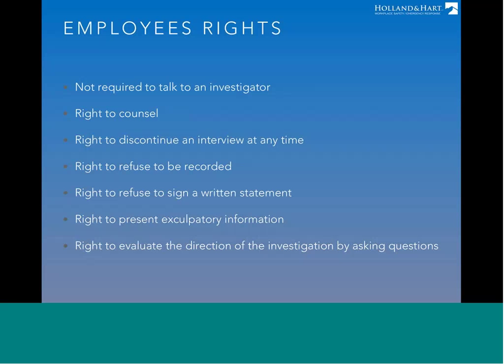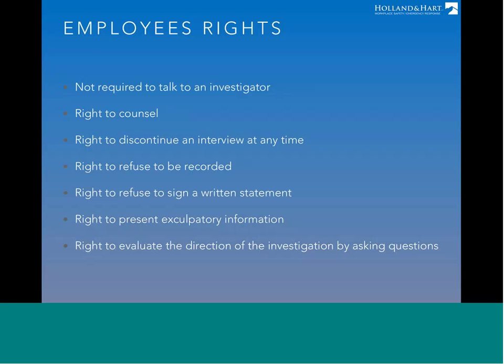Your employees have the right to have access to counsel during the course of an inspection. If they choose to be interviewed, and participating in an interview is a voluntary process, unless OSHA goes to the effort of getting a subpoena, then an employee can discontinue an interview at any point. They have the right to refuse to be recorded. They have the right to refuse to sign a written statement.